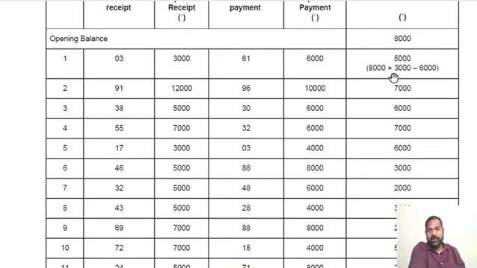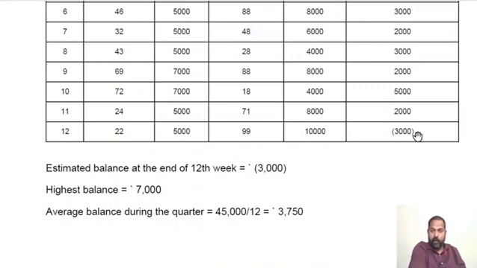So 8 plus 3 is 11, from which you pay off 6,000, so the balance is 5,000. Fantastic. And what they've done is the negative 3,000 is put in a bracket. And you all know this, the commerce students, wherever there is something negative, you write it in a bracket. I'm not a commerce student, being a science student, so for me, negative profit is negative profit. I write it as negative.